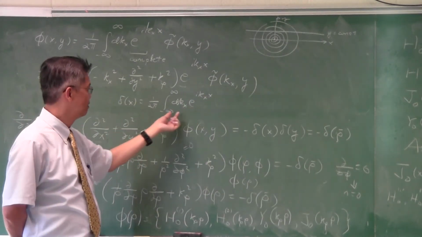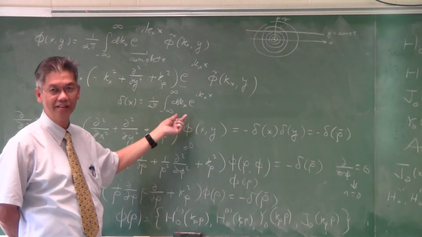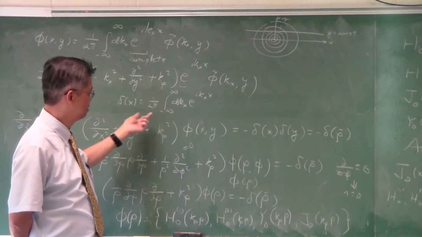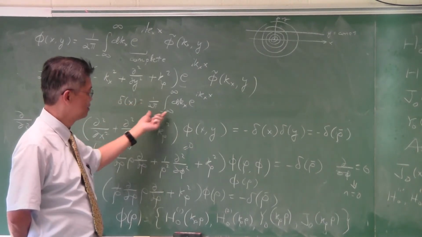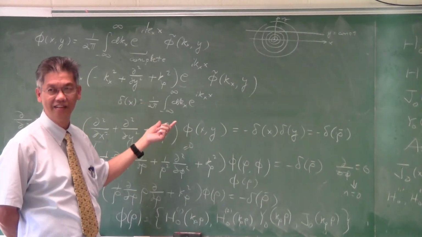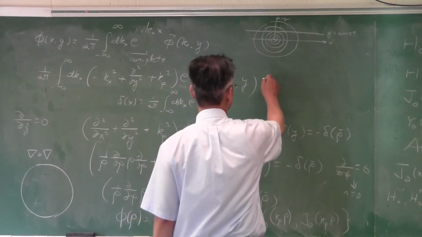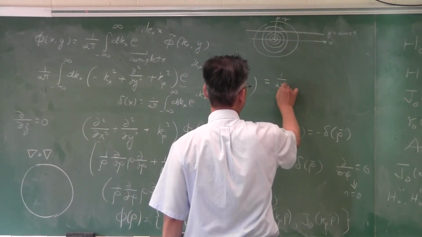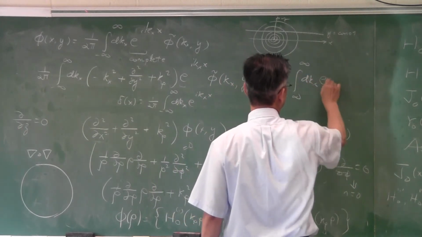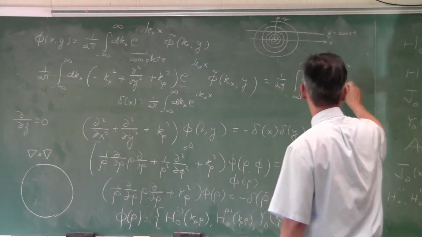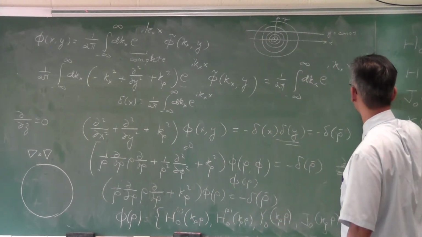If you give amplitude of 1 everywhere, this is actually not a convergent integral, but it is accepted by most engineers, mathematicians and physicists that this is correct. So now I can write the right hand side as 1 over 2 pi, and because of that I still have a delta y term left.